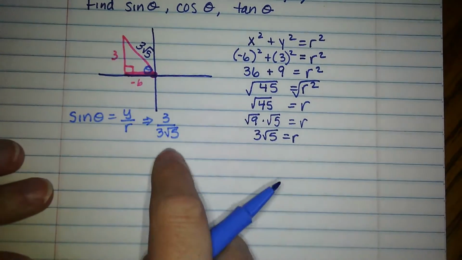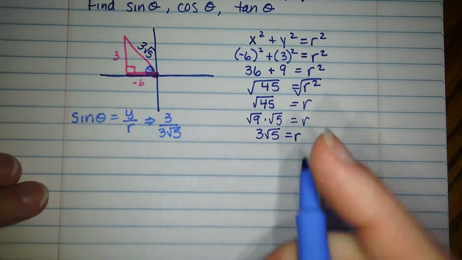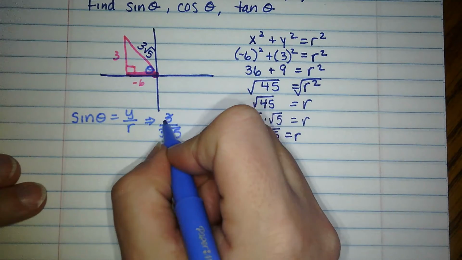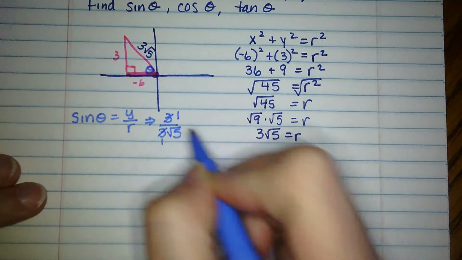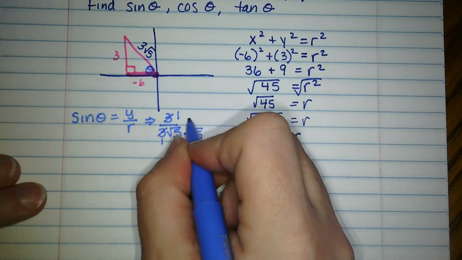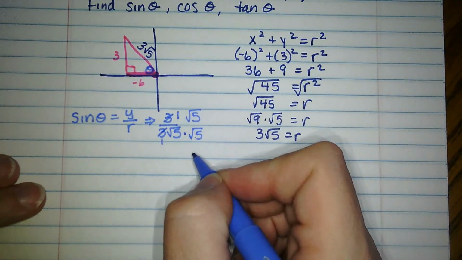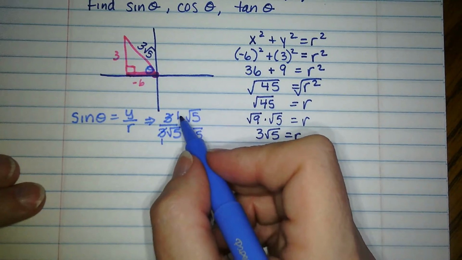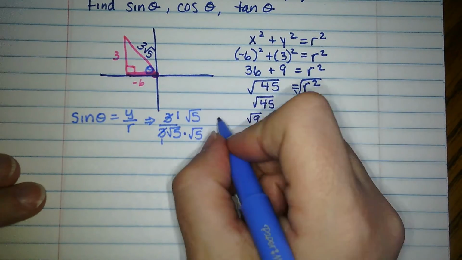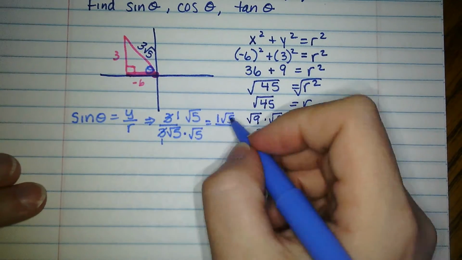Now, the first thing that I would do to simplify this is reduce the 3's and get 1's. And the second thing I would do is multiply the top and bottom by radical 5 so that it's rationalized. So on the top, I end up with 1 radical 5, and on the bottom, I end up with 5.